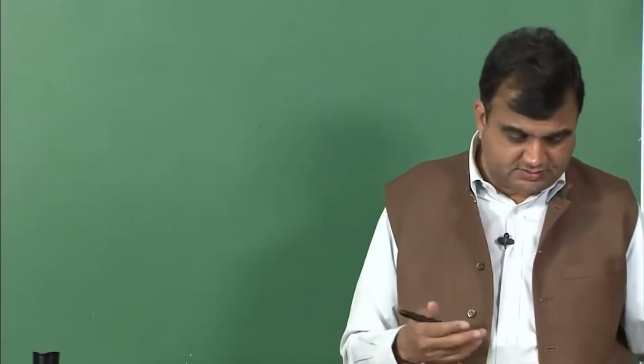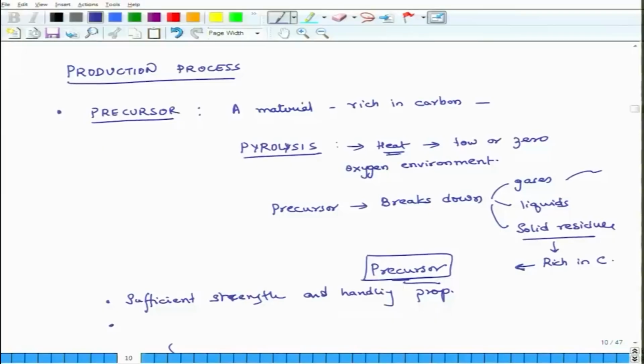Okay. So, the precursor should have sufficient strength, it should not melt during the production process, and it should not be completely volatile.